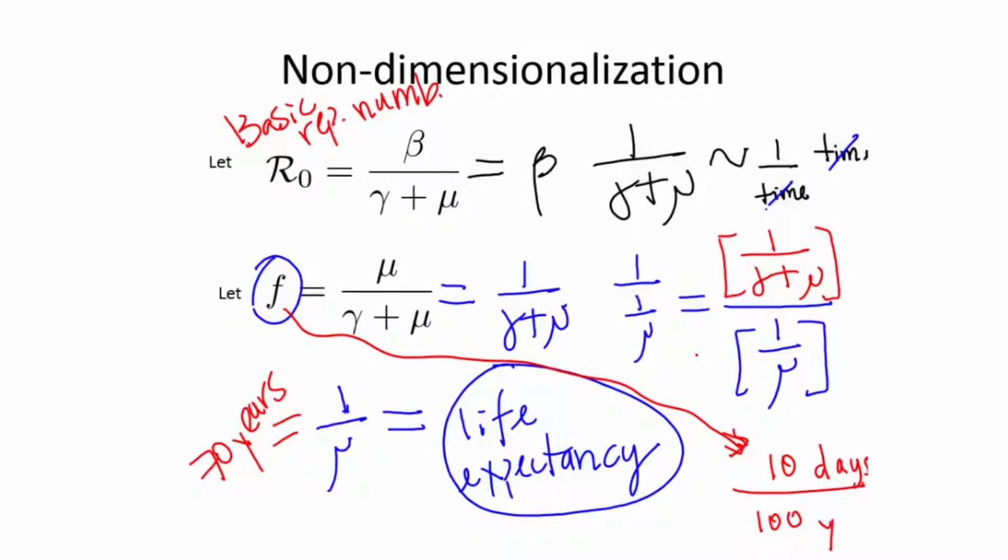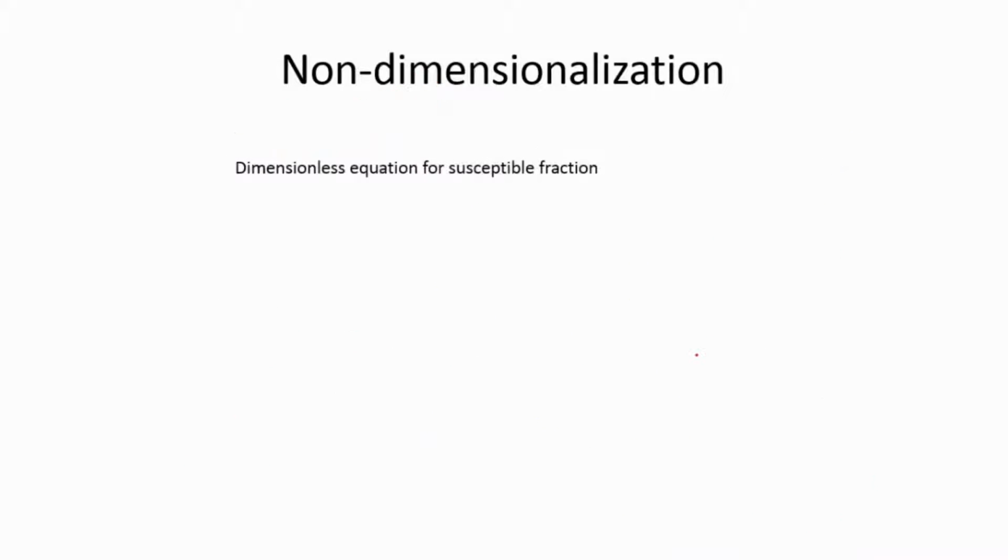Okay, and all this to say that this new parameter F is a parameter that has also no units. Like R0, F is a parameter which is defined in terms of ratio in which the units cancel with each other. Okay, so what we do now is that we use these new parameters.